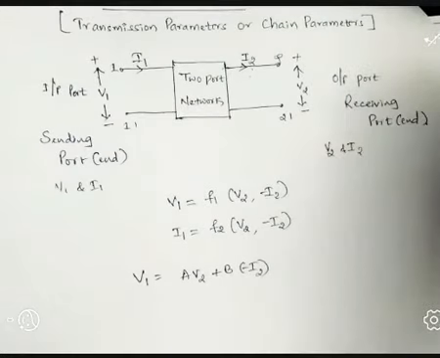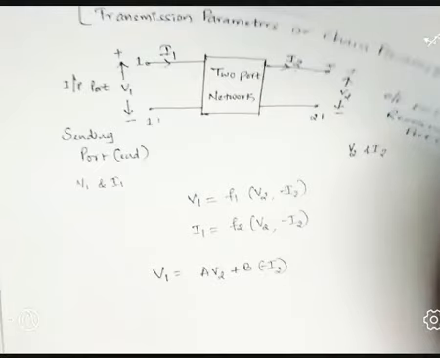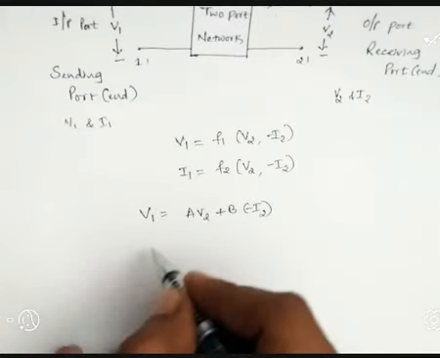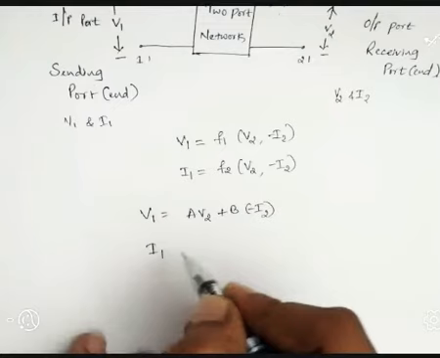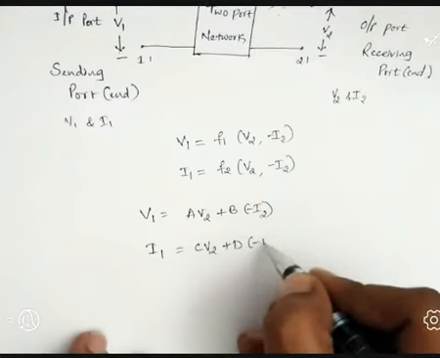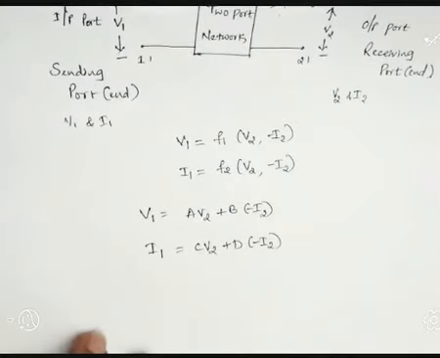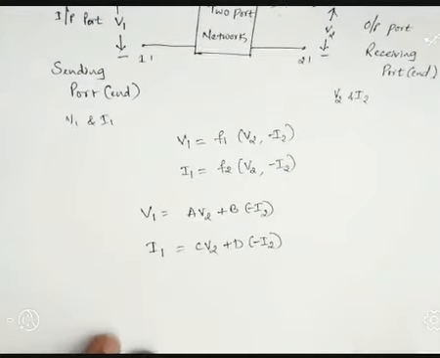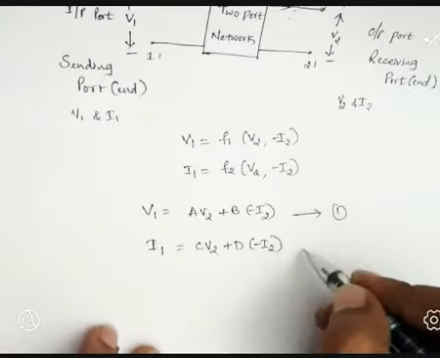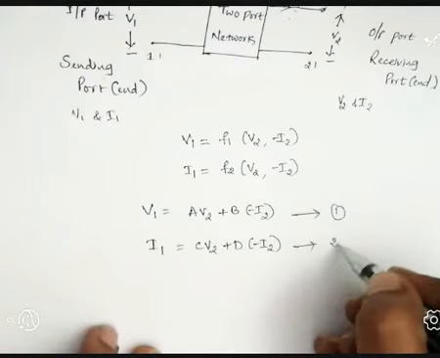Okay. Next, second one, I1 is equal to C V2 plus D multiplied by minus I2. So let us represent these two equations as equation 1 and equation 2.